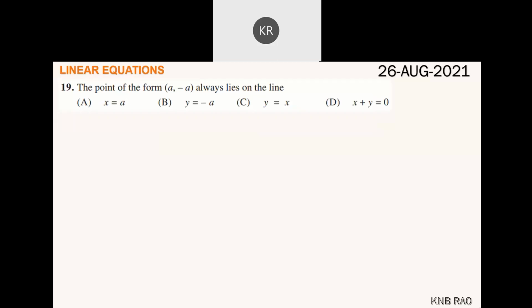The point of the form (a, minus a) always lies on the line. Options are x equals a, y equals minus a, y equals x, and the last option x plus y equals 0.